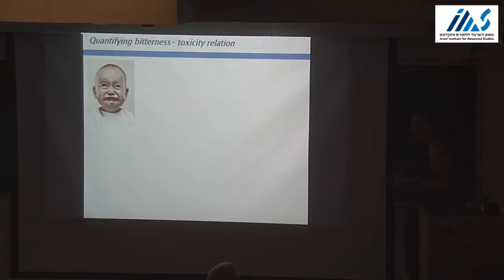Okay, so now we can maybe get to the question of the relation between bitterness and toxicity. Because I always also say bitter is to protect us from poison. But we wanted to quantify: what is the relation?